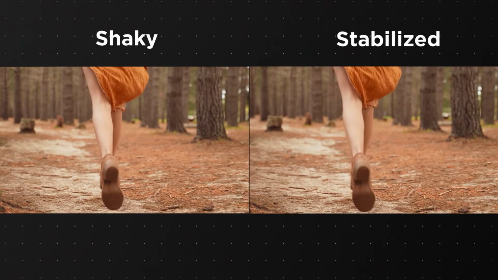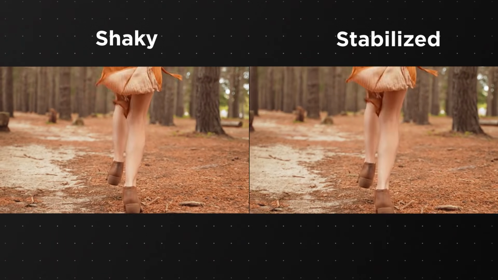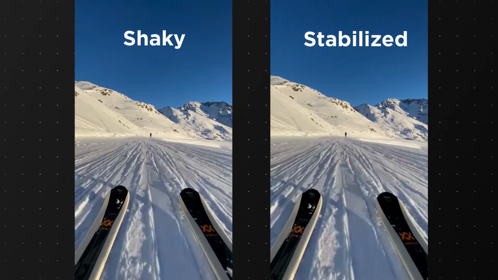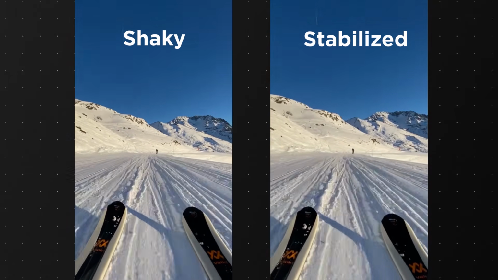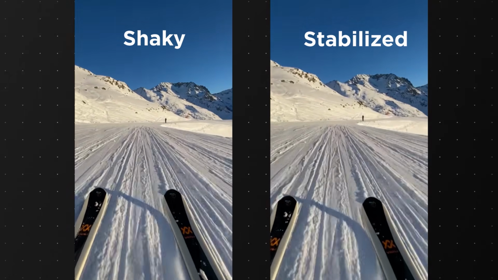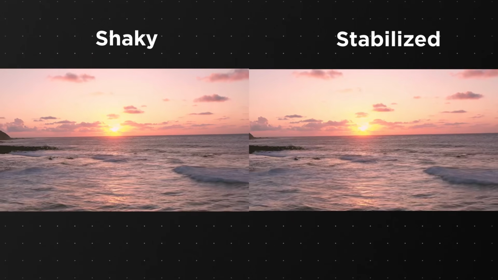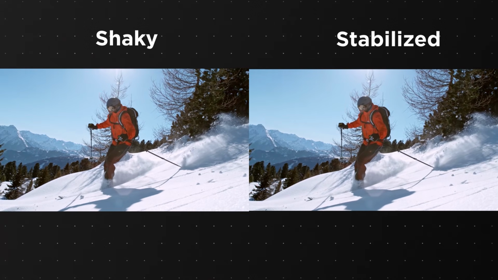It almost looks like the footage was shot using a Steadicam or a much more expensive camera setup. In some cases, it even gives off that smooth GoPro style look. So even if your hands were a bit shaky while recording, you don't really have to worry. Just upload your clips to VideoProc Converter AI and it handles the stabilization for you.